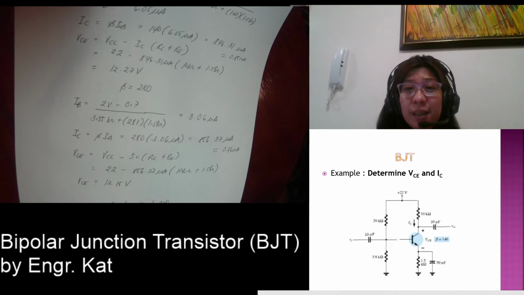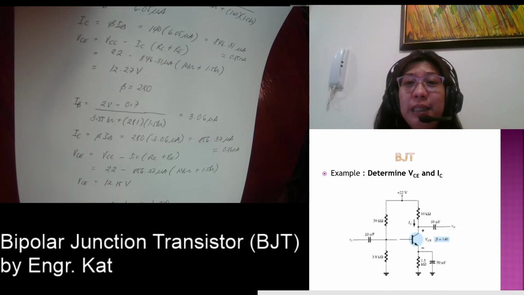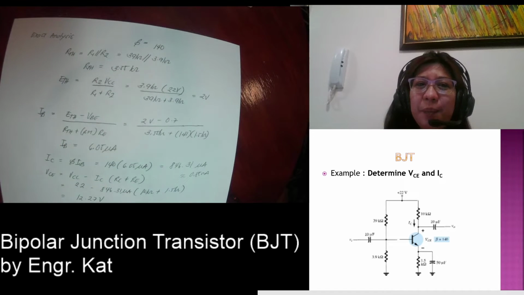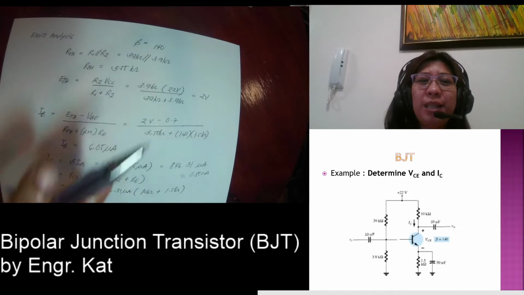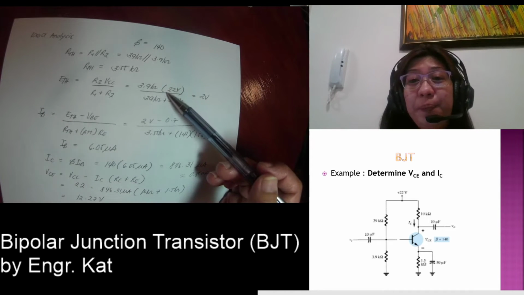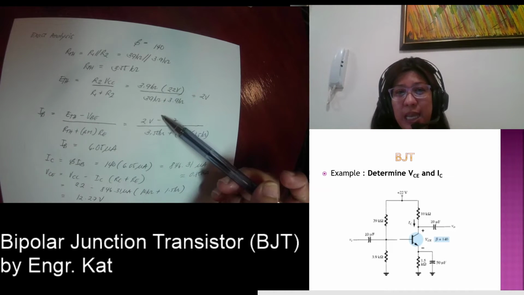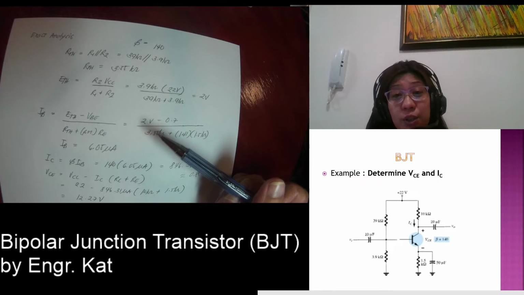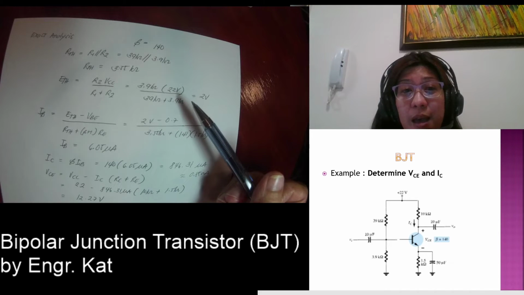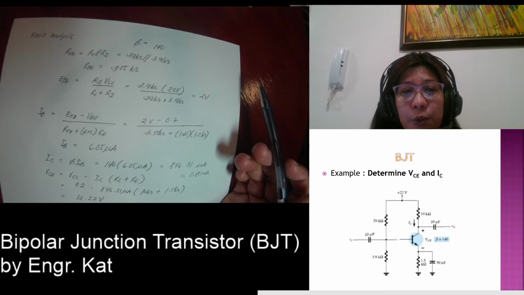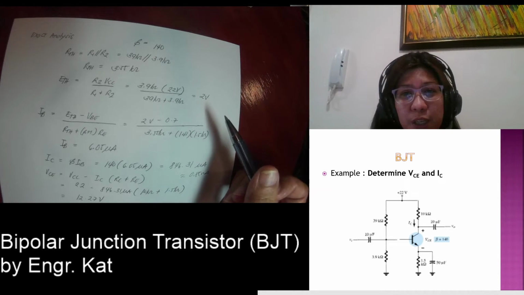Okay? But the downside here is that the procedure or the process is very long because we need to get first your Thevenin's equivalent circuit. Now, we have another approach in solving for this.